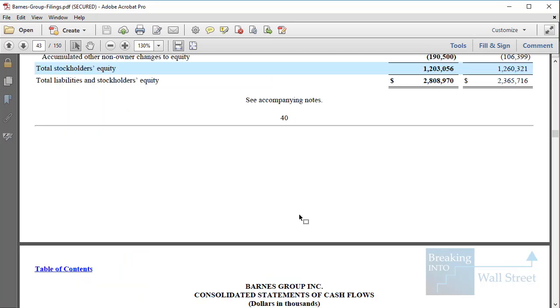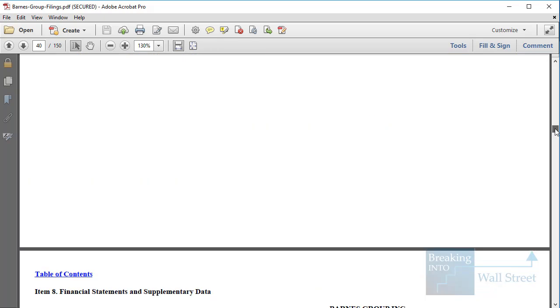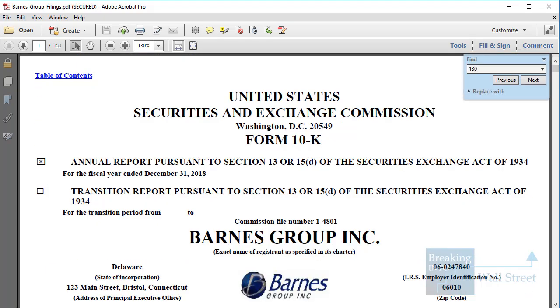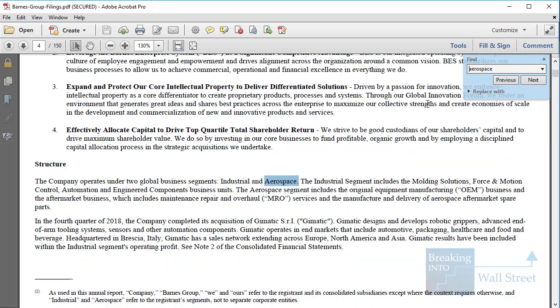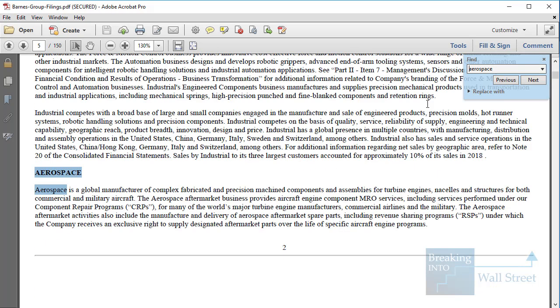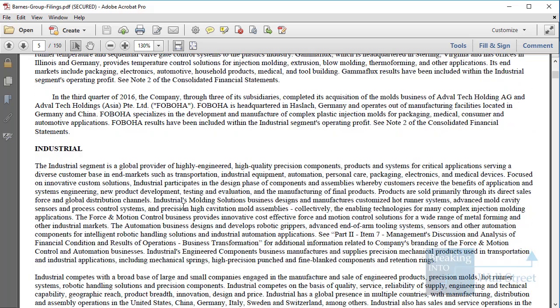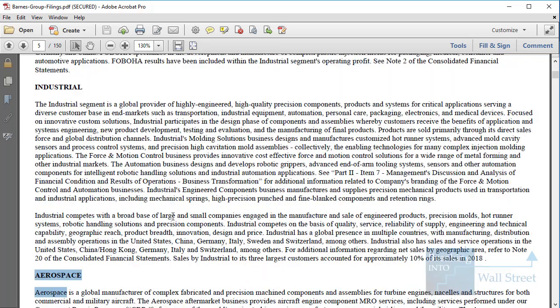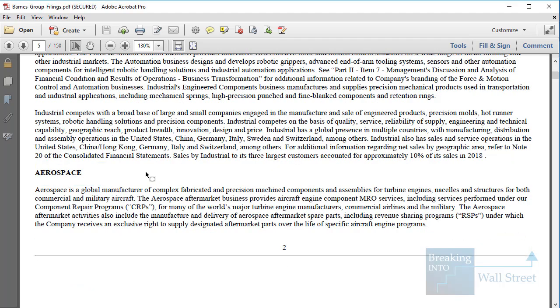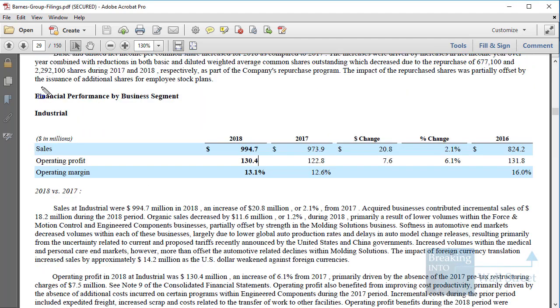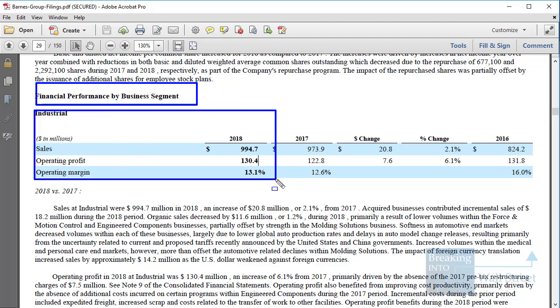By contrast, if we look at something like the Barnes Group, for example, and let's just go down to where they have their split. I'm searching for aerospace because I know already that's what one of the major segments is. They basically have 2 segments, industrial and aerospace. And if you go down a little bit and you look at financial performance by business segment, they have industrial, they have the sales and operating profit and operating margin.